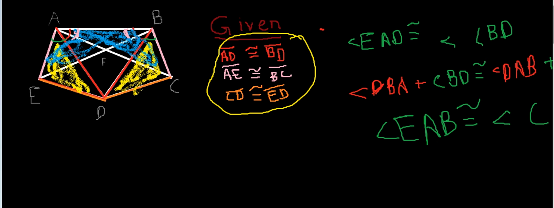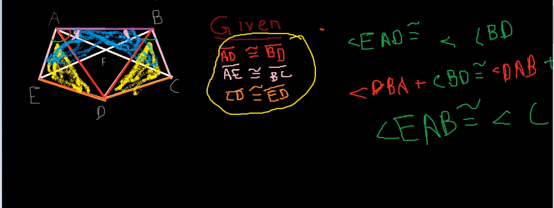So after we have that angle EAB is congruent to angle CBA, we can say that AB is congruent to itself, using purple for that one, because of the reflexive property.